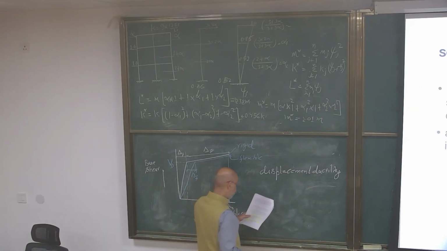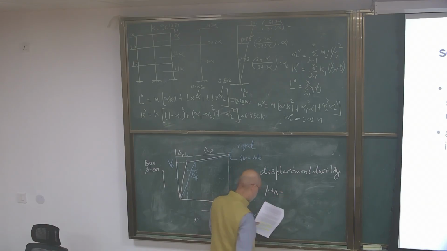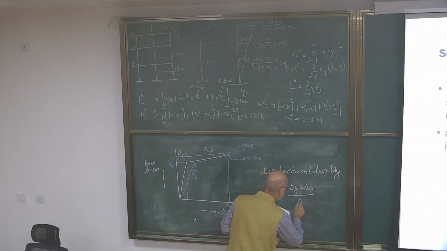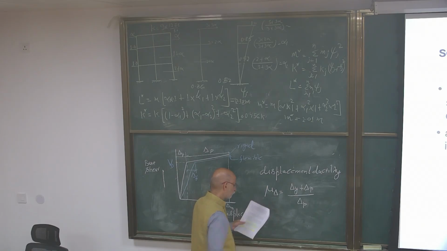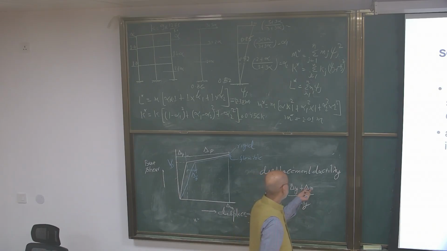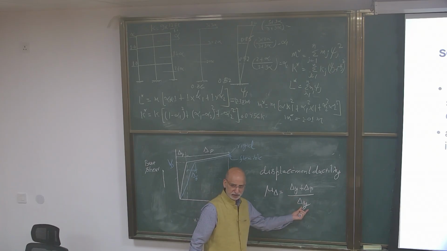Paulay and Priestley use this symbol: delta y plus delta p, the yield displacement plus plastic deformation combined, which is the total displacement, divided by the yield displacement, is the ductility.